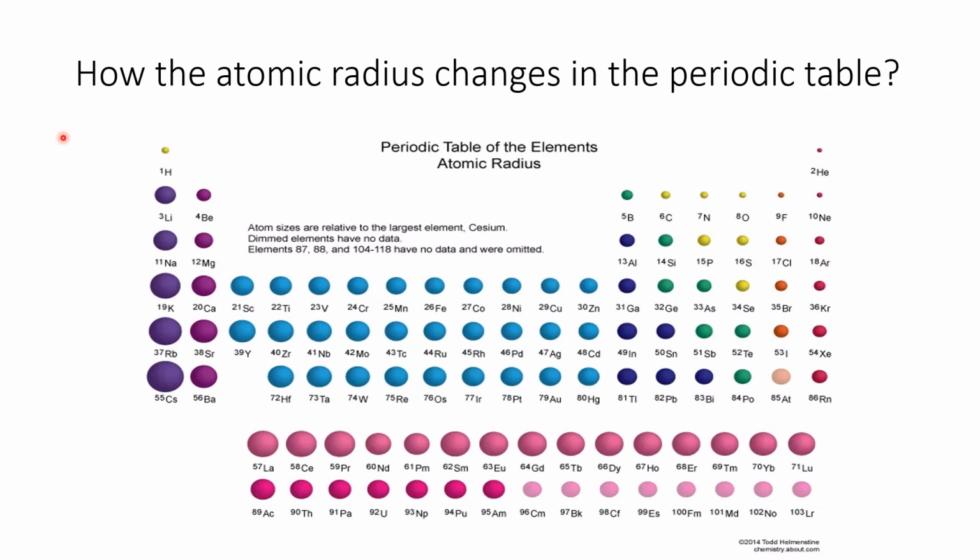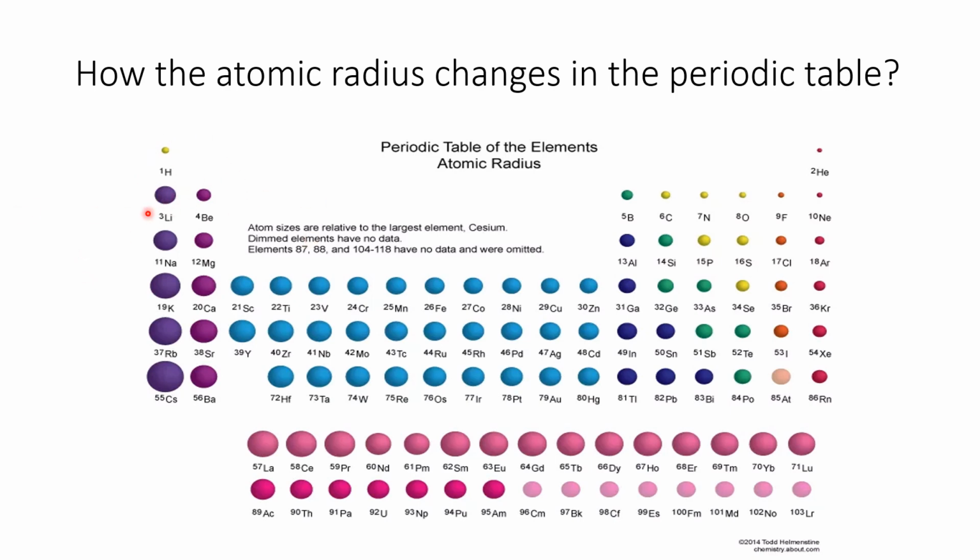But here the valence electrons are gonna be further away from the nucleus, and that is because as we're going down, we're also increasing the energy levels, because all those elements are going to be in different periods, and as we said, each period correlates to a specific energy level.